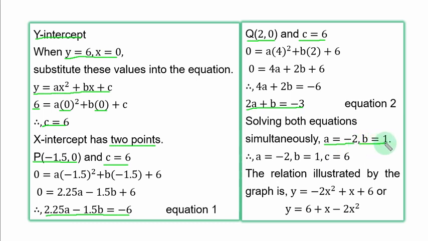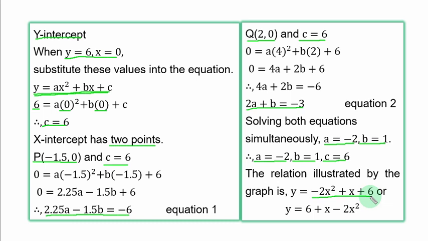So with this, we've known all the values for the constants. Therefore, a is equal to minus 2, b is equal to 1, and c is equal to 6. So the relation illustrated by the graph is this. When you replace a, b, c with their respective values, you have y equal to minus 2s squared plus s plus 6.